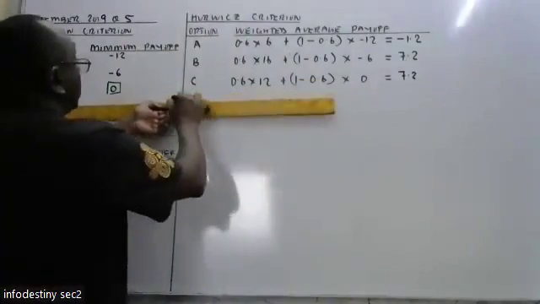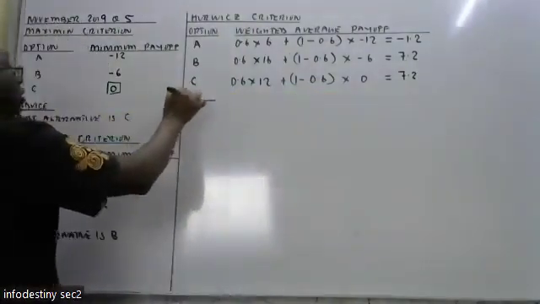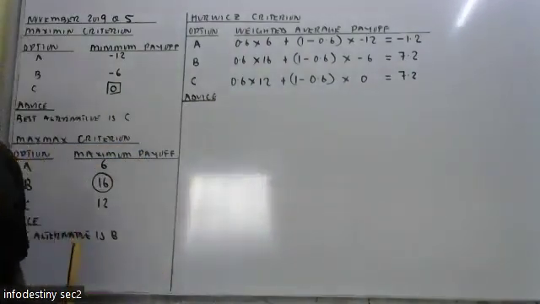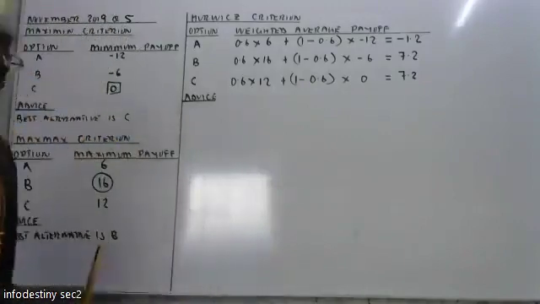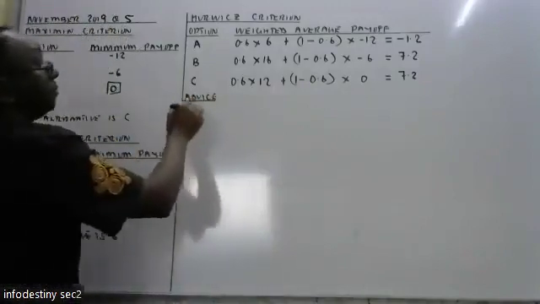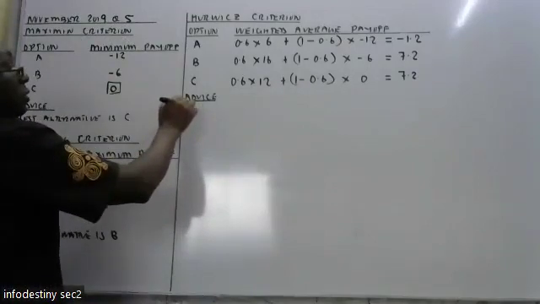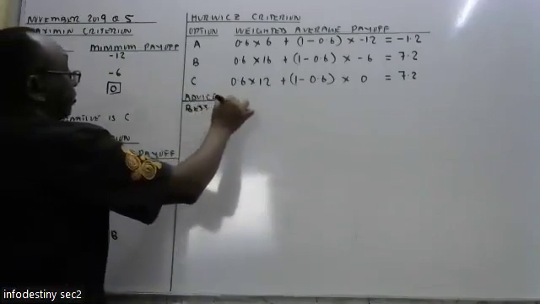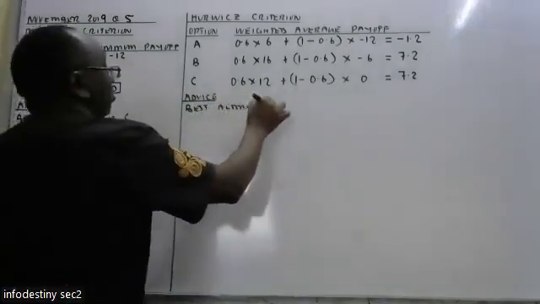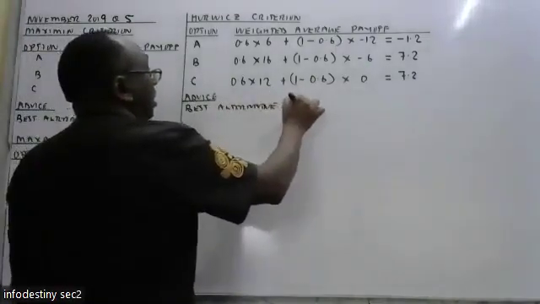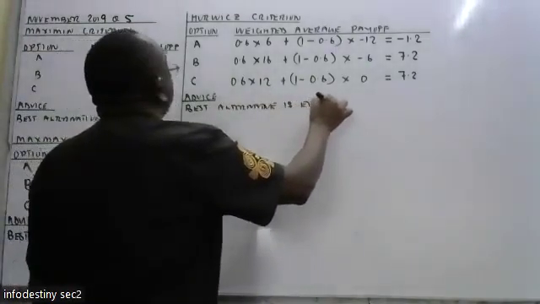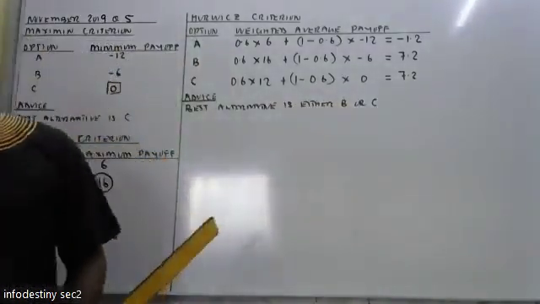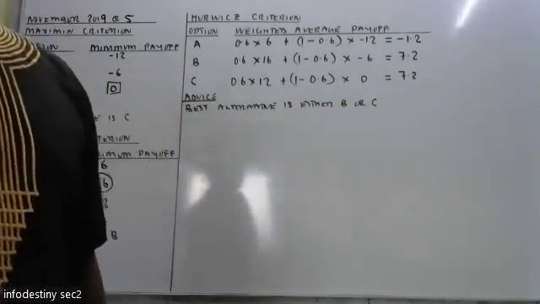So in this one, we also go for the highest. And because there are two of them, we shall advise them that the best alternative is either B or C. So they can take any.